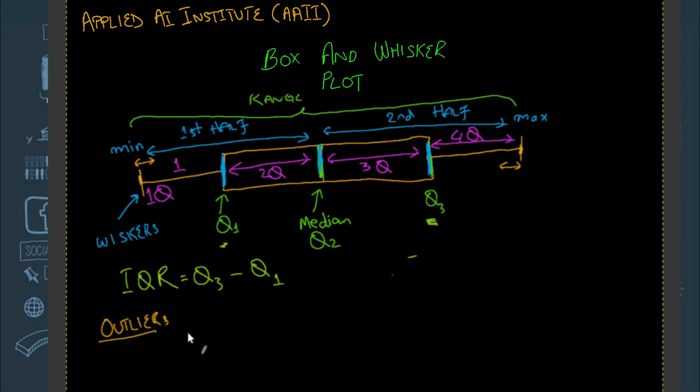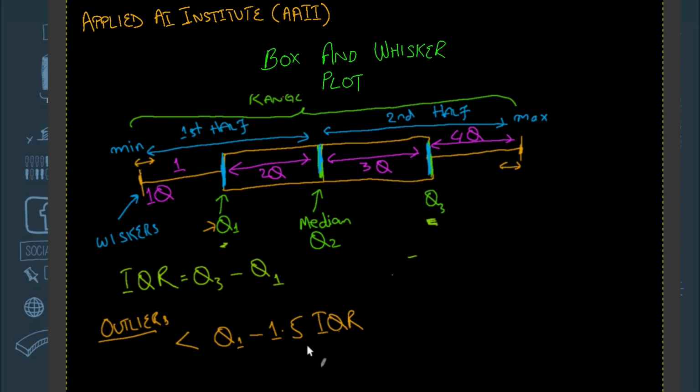The points which are less than Q1 minus 1.5 times the interquartile range. Beyond this Q1 point, outliers may be present. But this is the lower side, right?